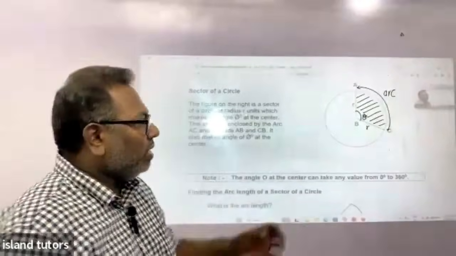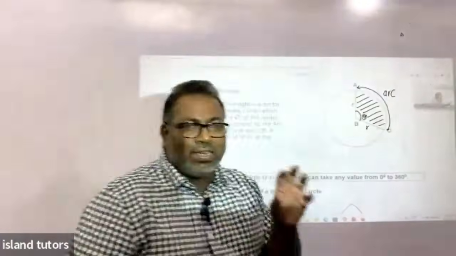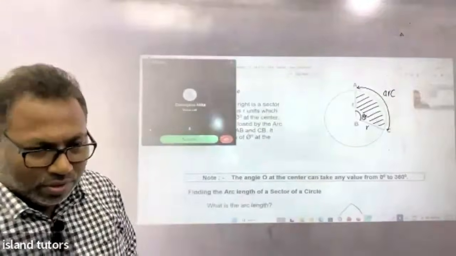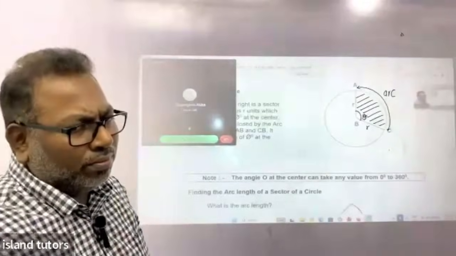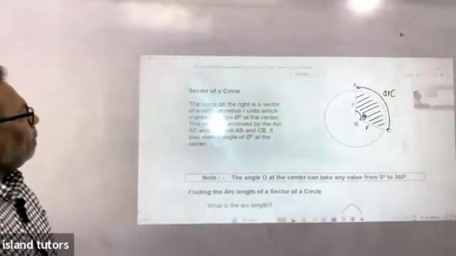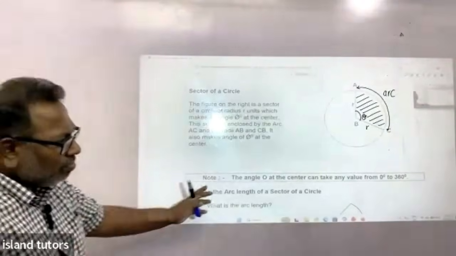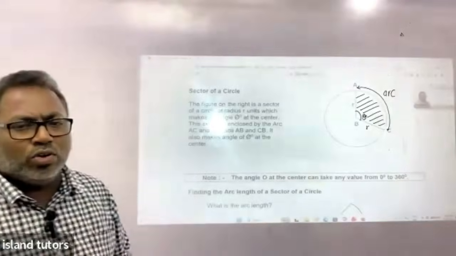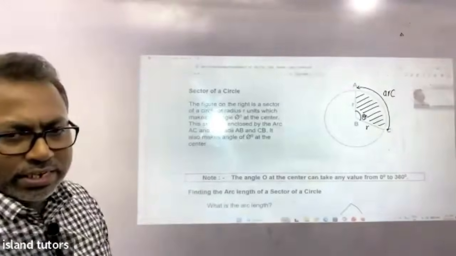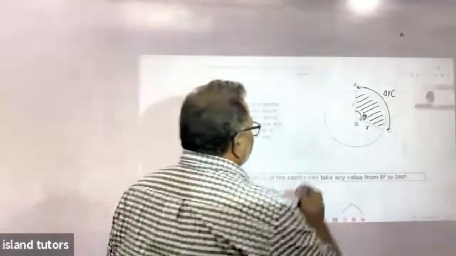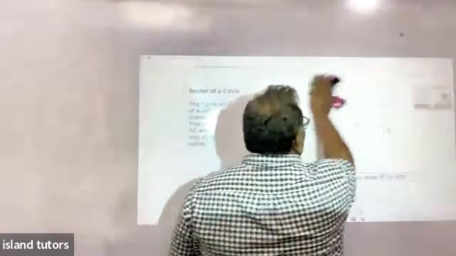So the angle at the center is a very key, important part of your area. Right, so the angle at the center can take any value from 0 to 360 degrees. All right. That's a very simple explanation. So we'll move on.